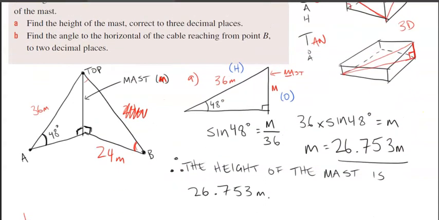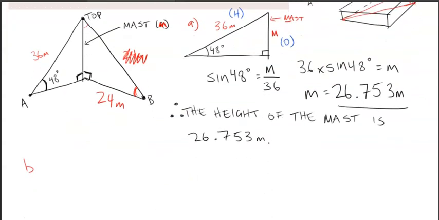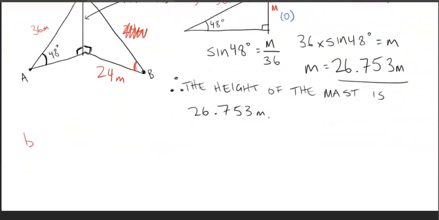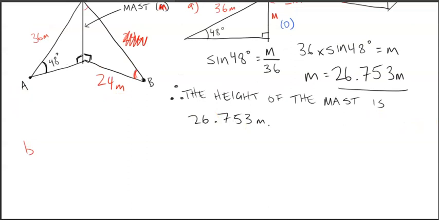So now that we've got this length here, we're going to go ahead and redraw this triangle. Well, not redraw actually, we're going to draw this triangle because we didn't draw it in the first place. We are going to draw this triangle, but in this sense, it will be a bit different.